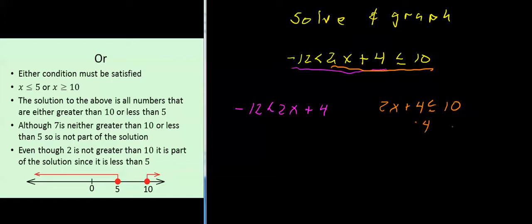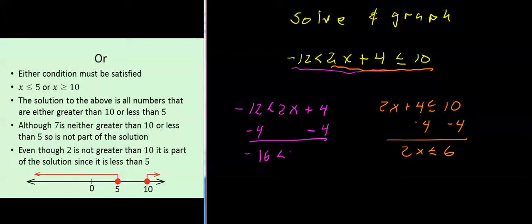Minus 4, 2x is less than or equal to 6. Come back over here, minus 4, negative 16 is less than 2x. I didn't finish this.